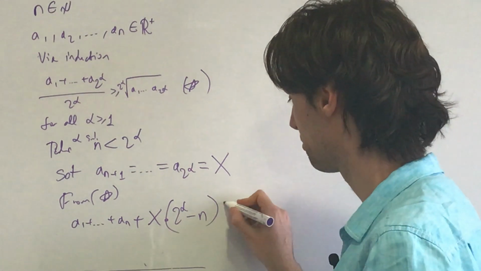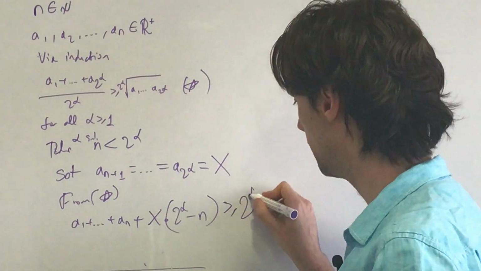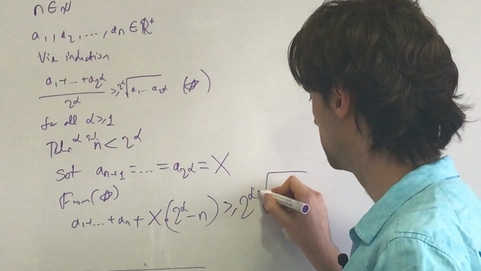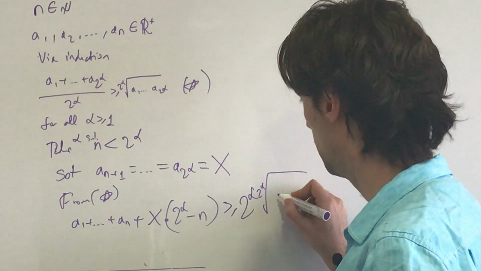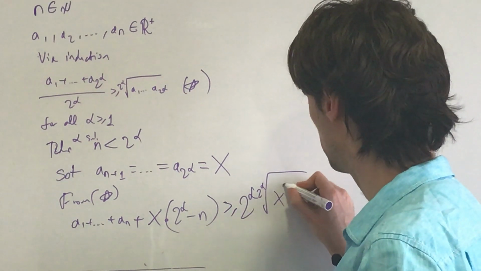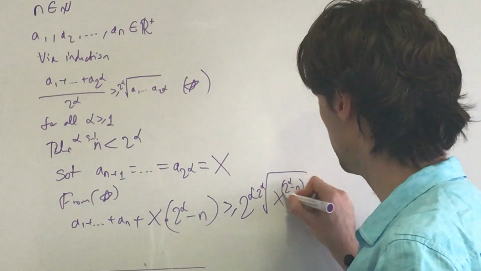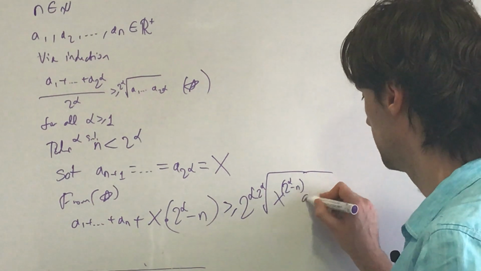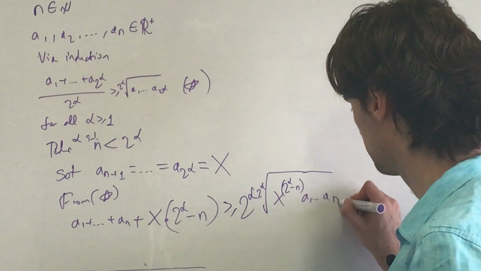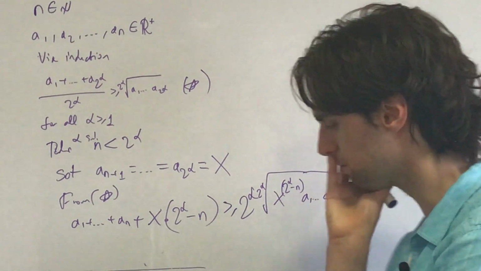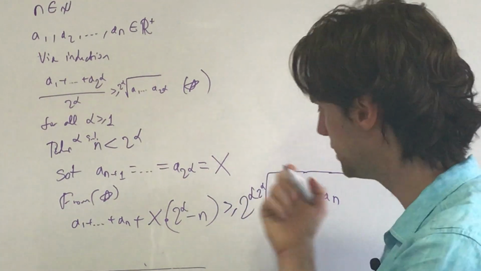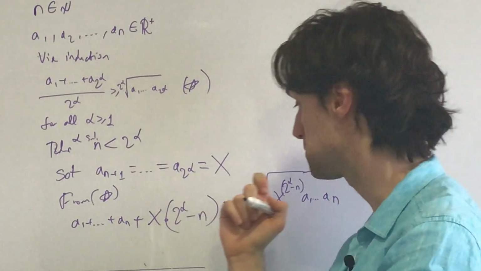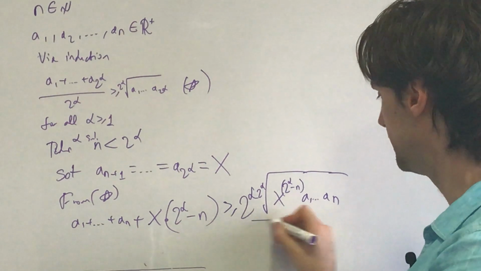We have this is greater or equal to 2 to the alpha times the 2 to the alpha root of x to the power of 2 to the alpha minus n, because that's how many times we're multiplying this, times all these other ones, a1 through an. Okay, now let's see, what do we actually need? Well, we need this thing right here.